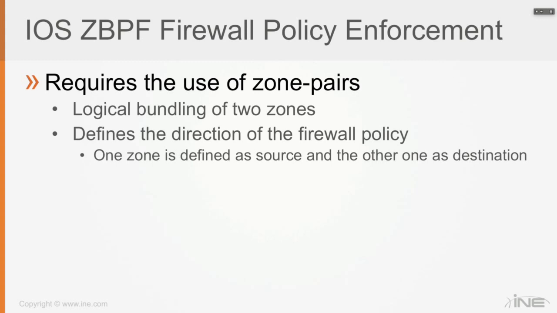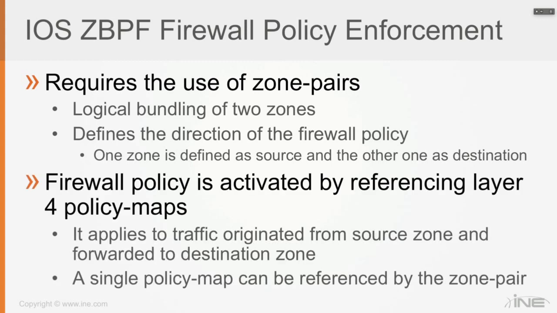So with the zone pair, we bundle together two zones, and then we specify what is the source zone and what is the destination zone, and then we activate the firewall policy by attaching in the zone pair the policy map which we have configured before.